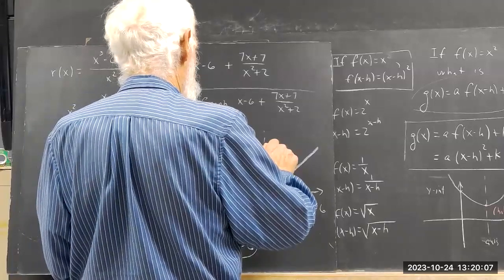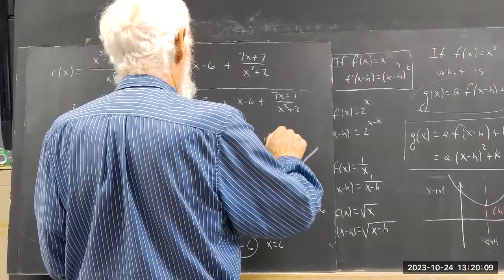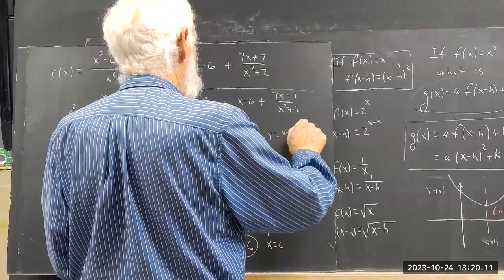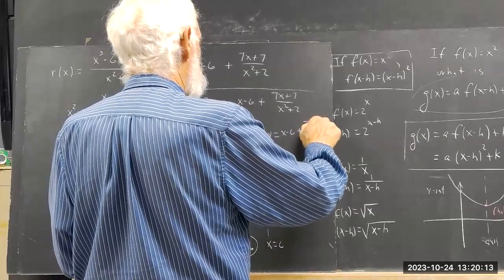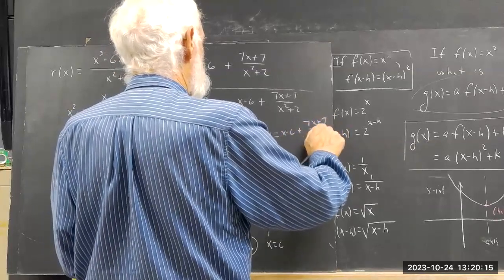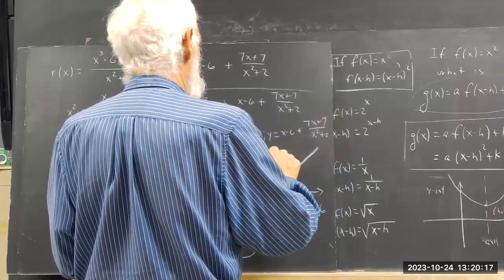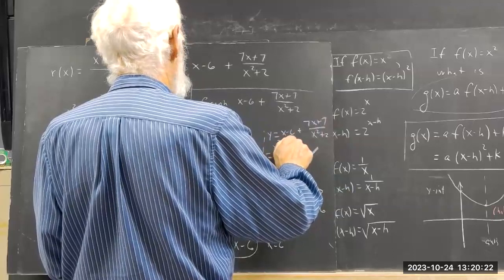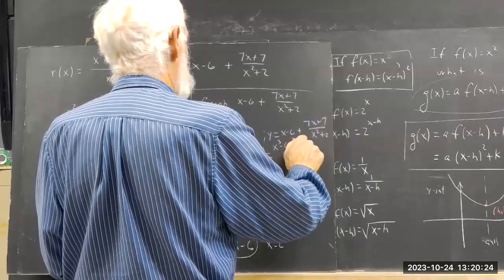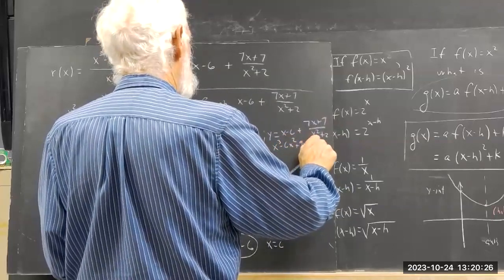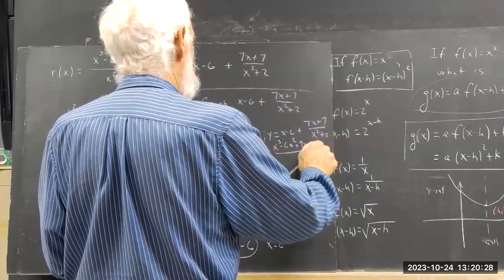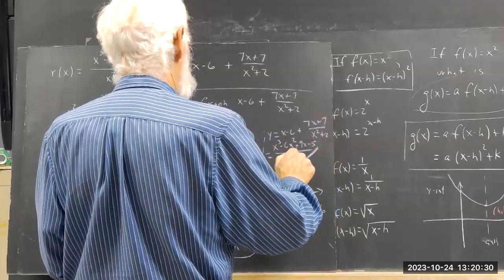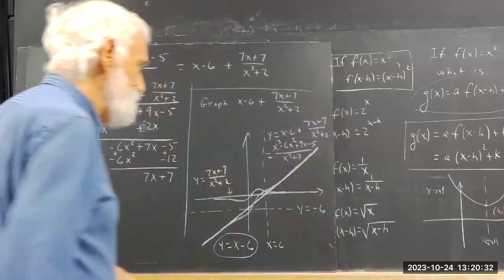And this is y equals x minus 6 plus (7x plus 7) over (x squared plus 2), which equals (x cubed minus 6x squared plus 9x minus 5), all divided by (x squared plus 2).